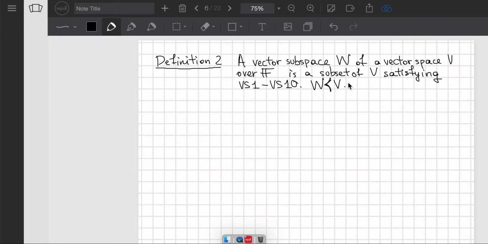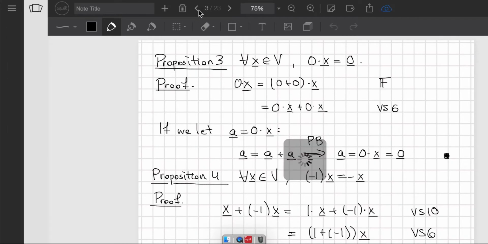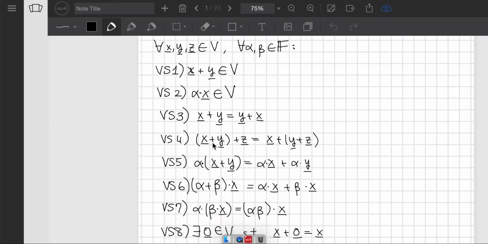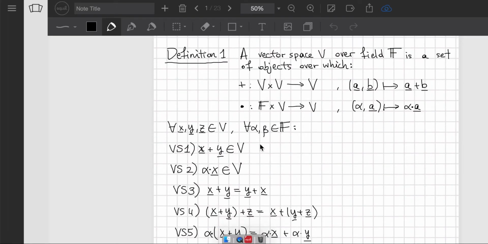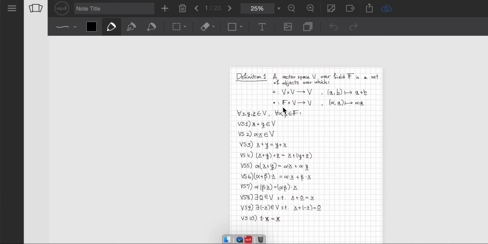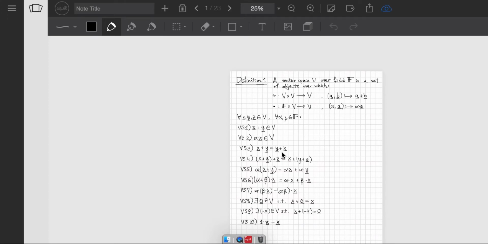Now what we can do is notice that some of the properties Vs1 through Vs10 are true for any subset of V. If we go back and see the properties here, you could see that some of these obviously are satisfied for any subset. For example, commutativity, right? Commutativity is true because it is independent of the fact that you're dealing with a smaller set of vectors. So even if you take a subset of V, Vs3 is always going to be true.